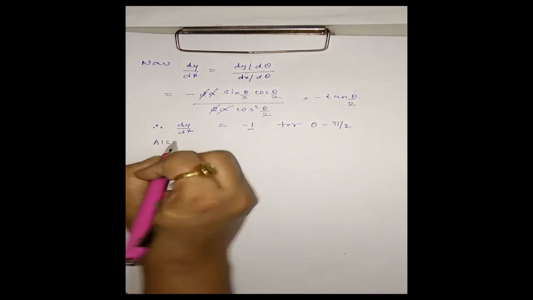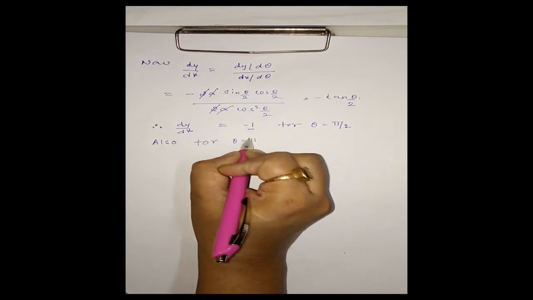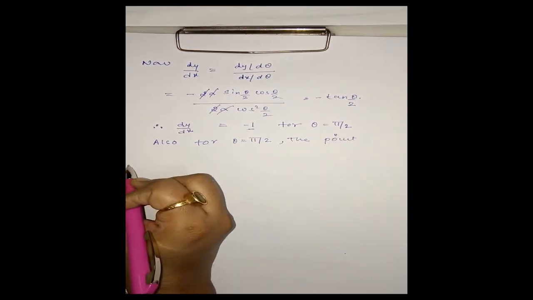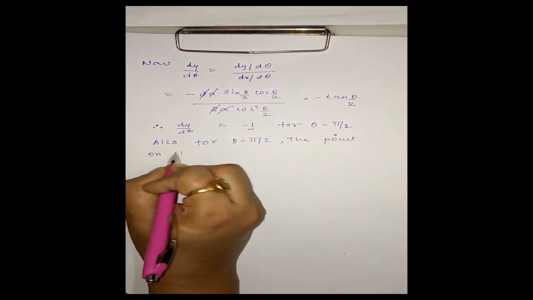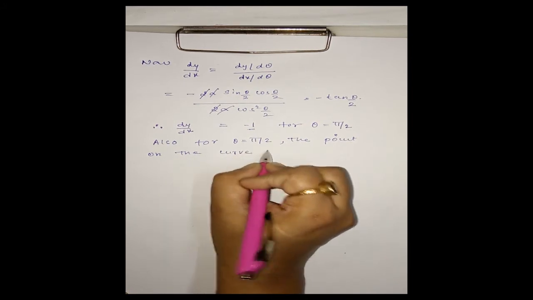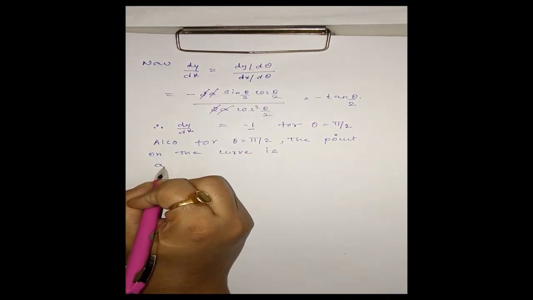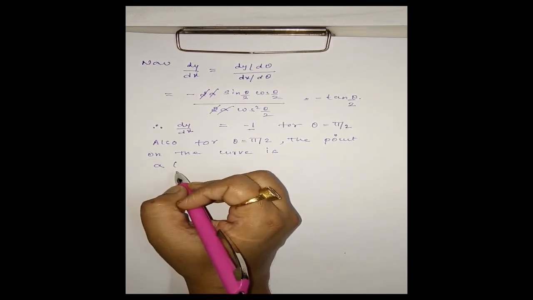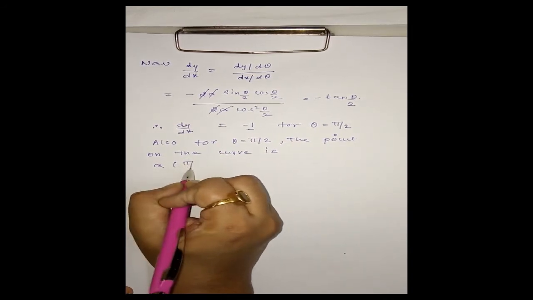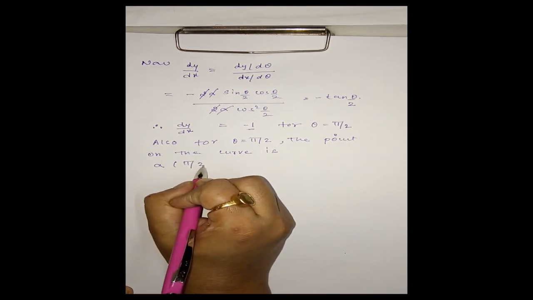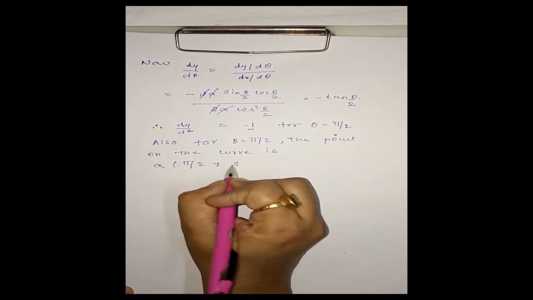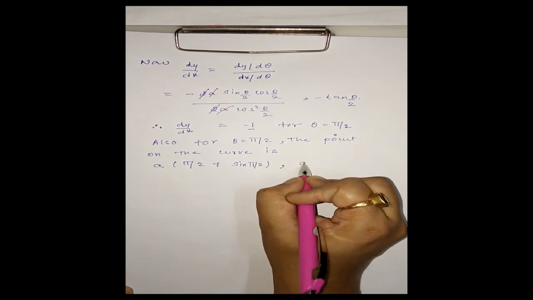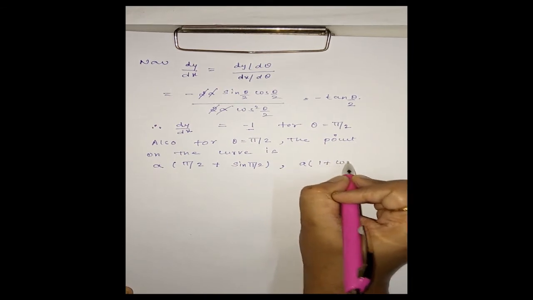Also, for θ equal to π/2, the point on the curve: x is a(θ plus sin θ). Therefore, on taking θ to be π/2, we have x equal to a(π/2 plus sin π/2), and y is a(1 plus cos π/2).